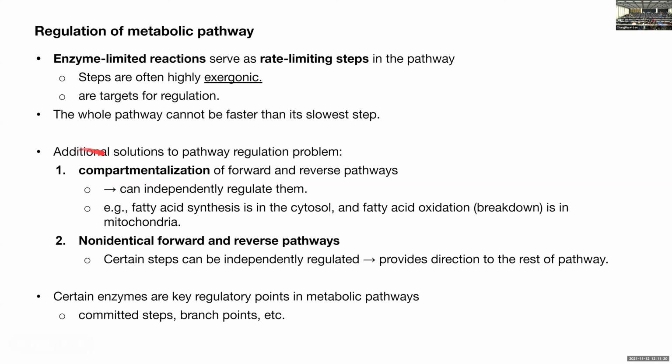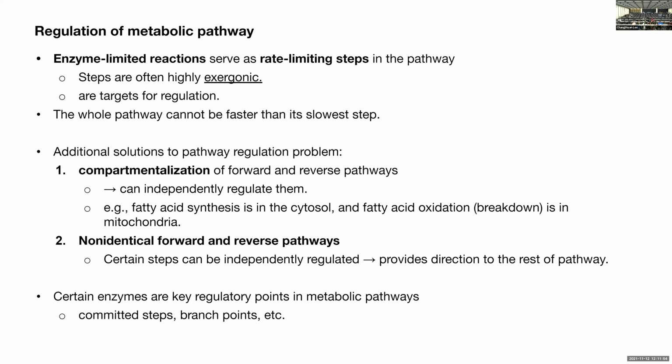There are additional ways to regulate these metabolic pathways. There are two methods here that I listed. The first one is compartmentalization of forward and reverse pathways. That means the forward pathway happens in one place, but the reverse pathway can happen in another.